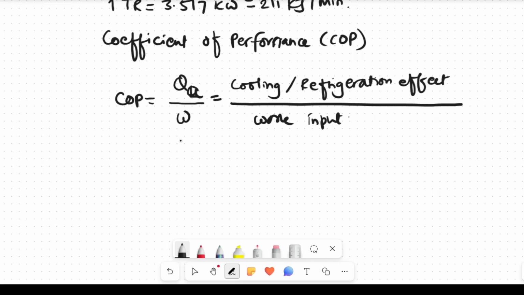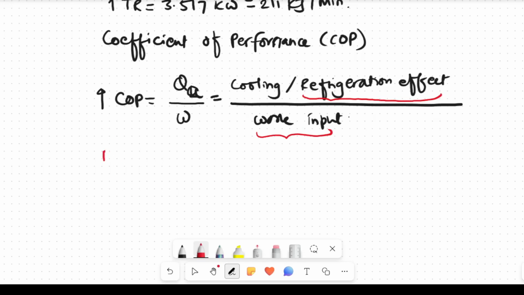So we'll get the coefficient of performance. It is a dimensionless quantity. Now understand, friends, the more the COP, the better will be the system, the better will be the efficiency of the system. Now there are two terms which come into picture when we talk about the coefficient of performance. First is the refrigeration effect and second is the work input.